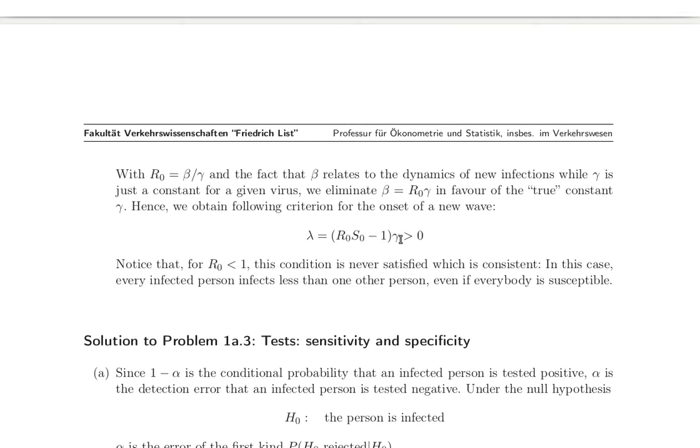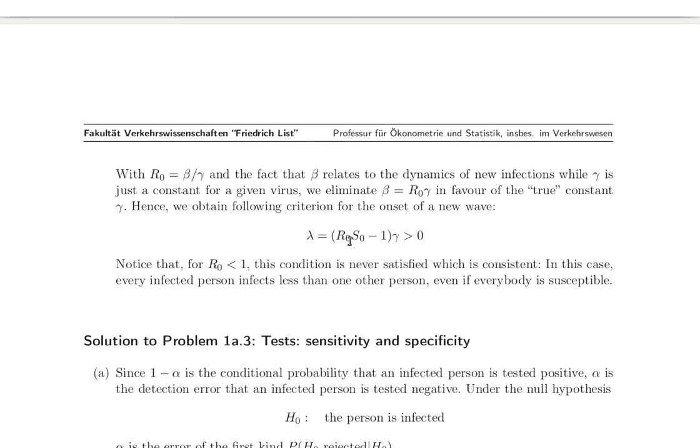Because gamma is positive, it just means this inner factor must be positive. Note that for R0 less than 1, this is never fulfilled, because the maximum of S0, if everybody is susceptible, is 1. So if R0 is less than 1, this factor can never be positive. It will always be negative. That means the growth rate will always be negative.